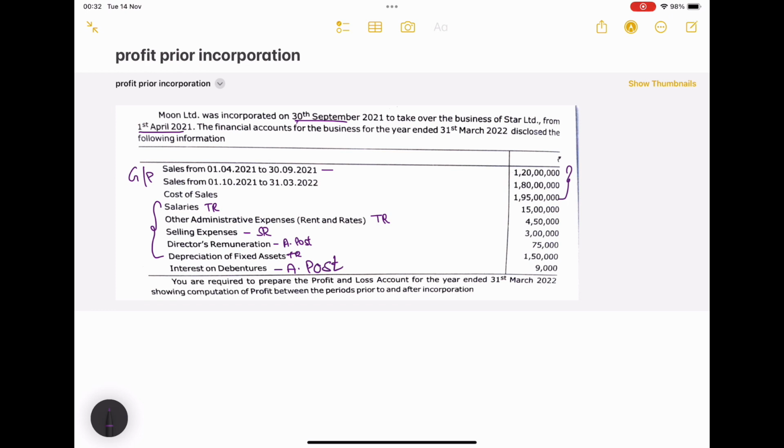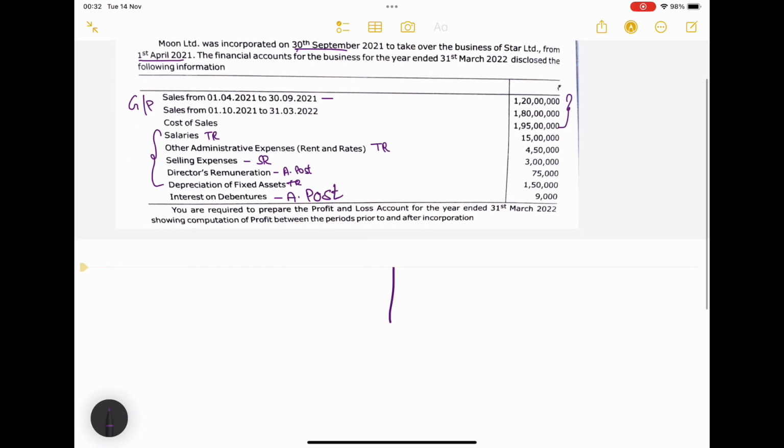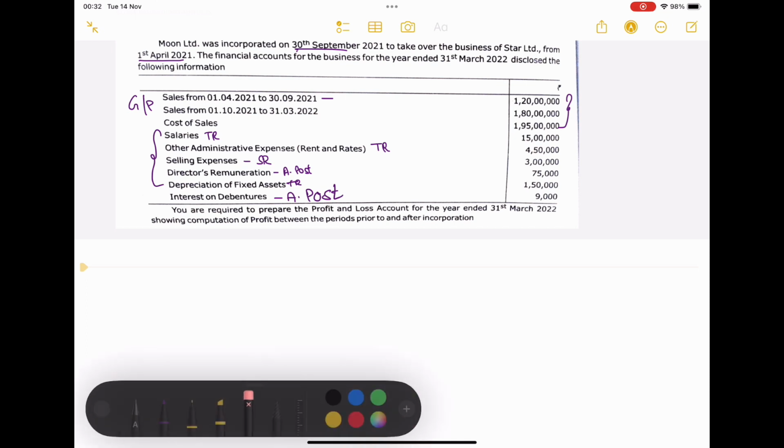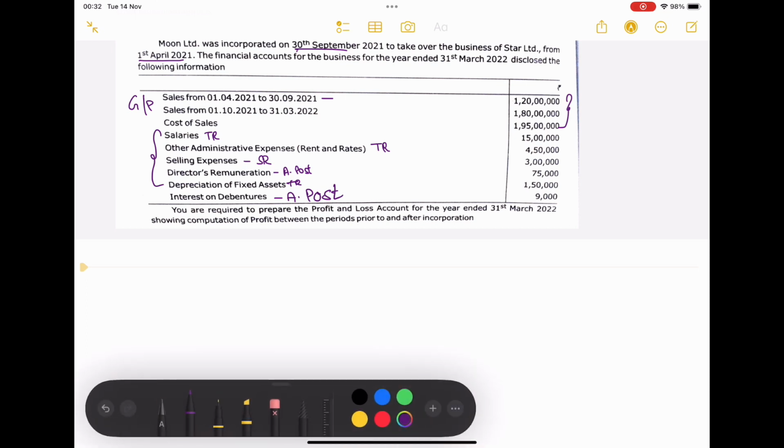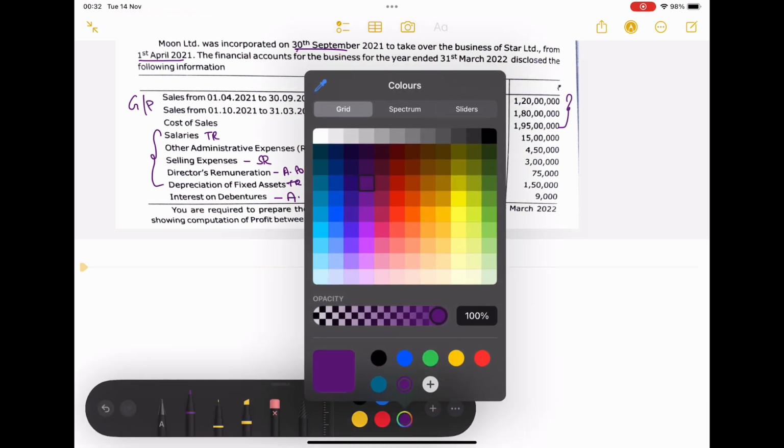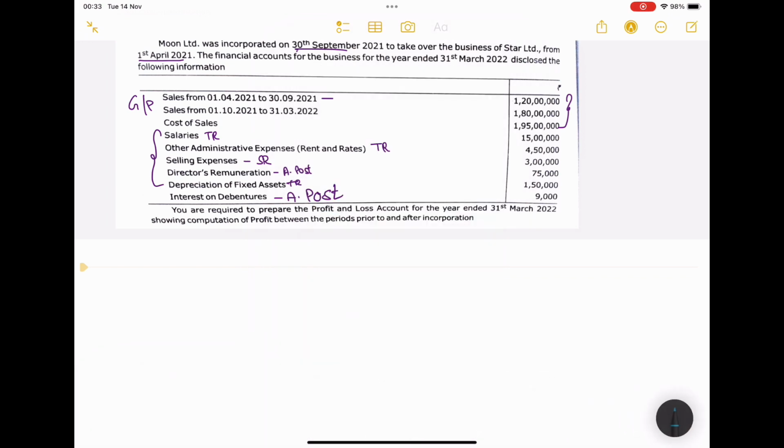I'll calculate here only, so it will be easy for you. So first one, calculation of time ratio.